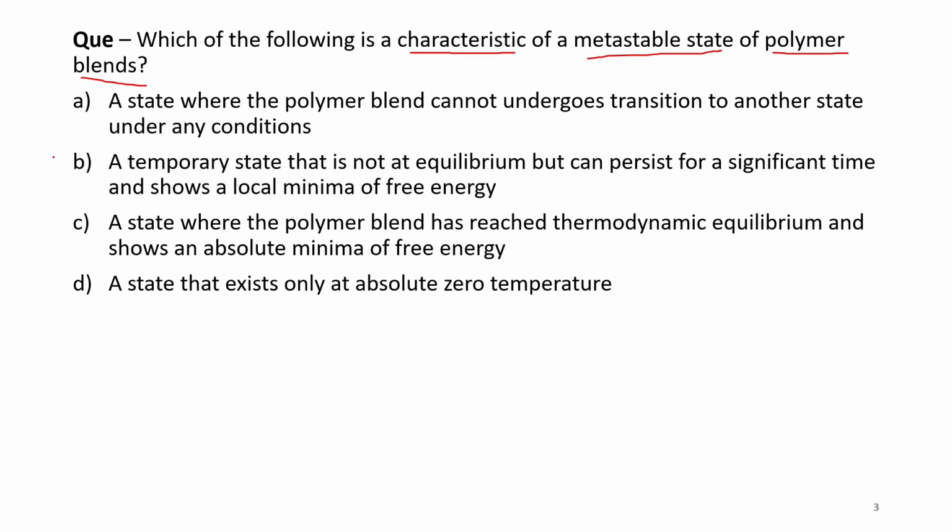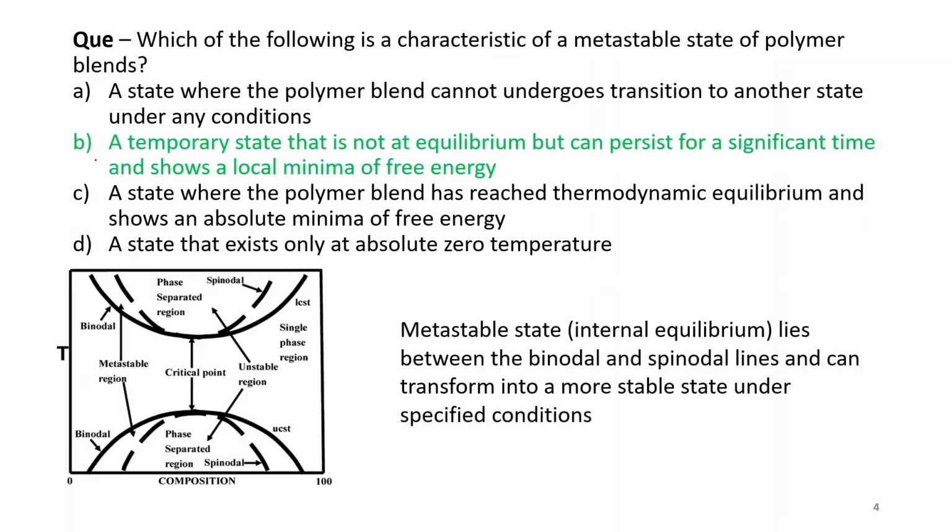Yes, that's correct. Option B is correct, which is a temporary state that is not at equilibrium but can persist for a significant time and shows a local minima of free energy.